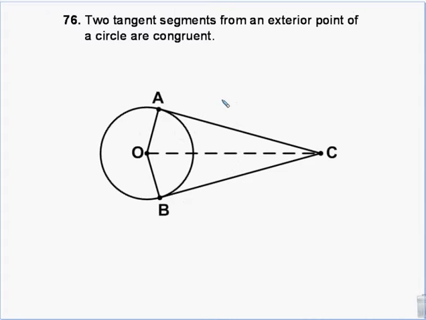Now here we have, if I take two tangent lines and they intersect at some point off of the circle, but they're both tangent to the circle, and in theory maybe these lines keep going and going.